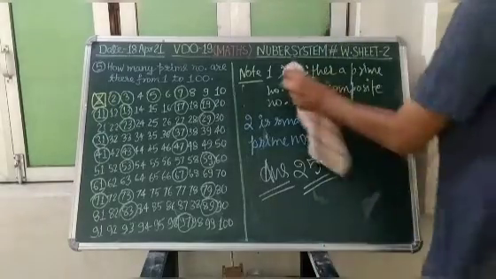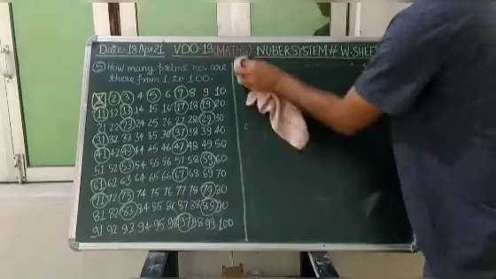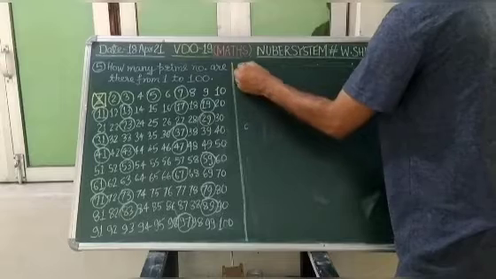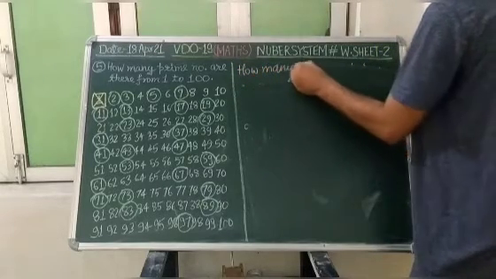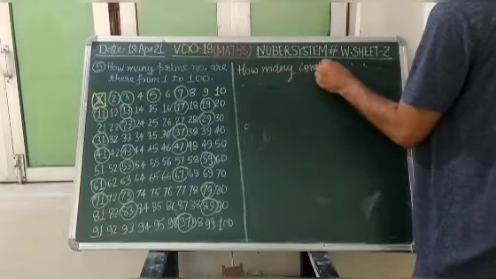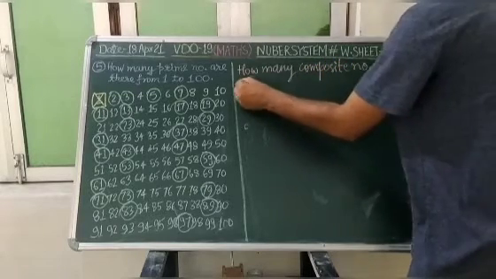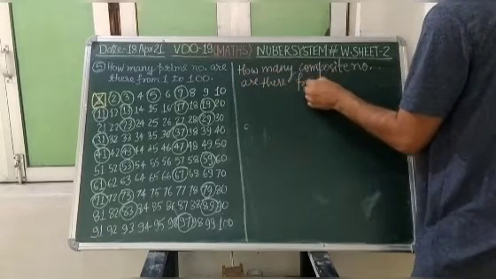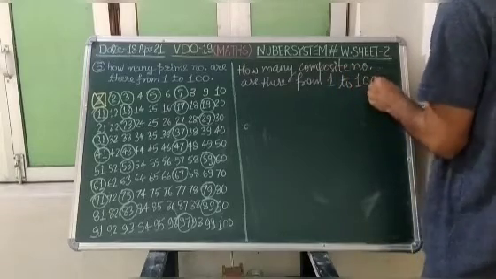Now, suppose I am asking how many composite numbers are present from 1 to 100?